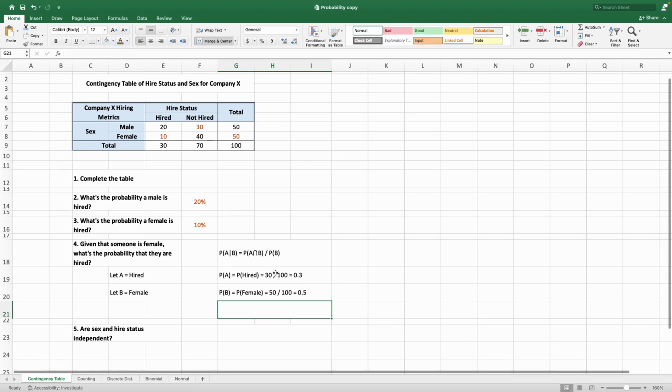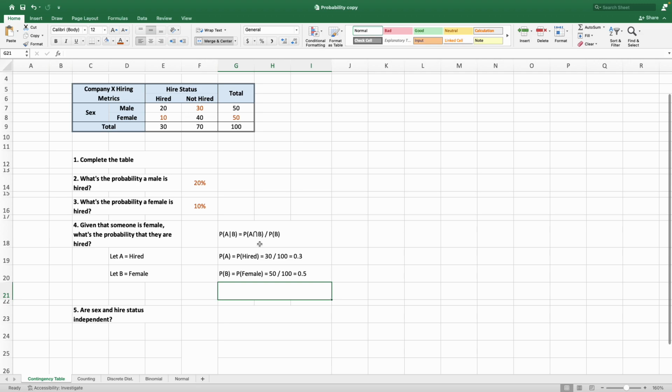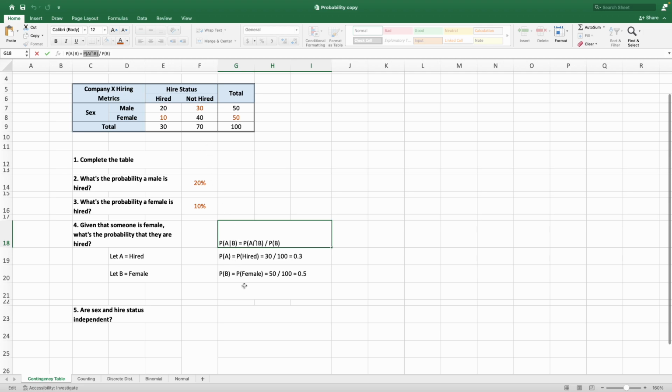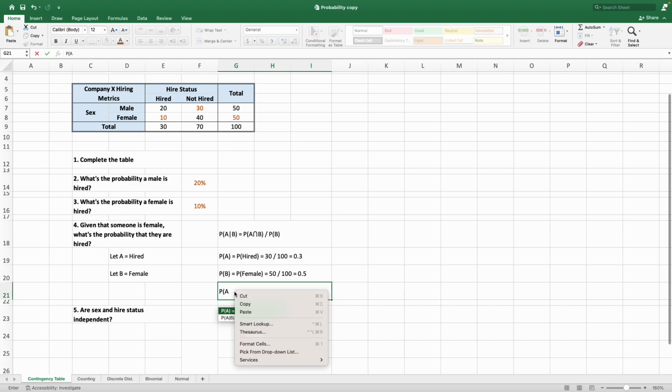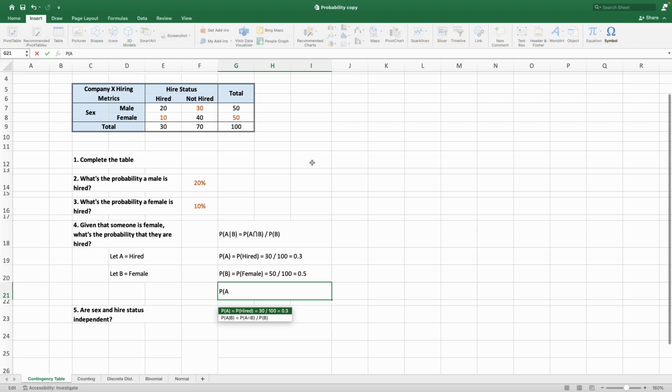Okay, how about the probability of A and B? Here, I'm going to come up here so I can just copy and paste. This is a special symbol. Actually, I'll show you how to do this. We want the probability of A and B. So I'm going to say probability of A. My cursor is still here next to the A. I'm going to come up here to insert, symbol.